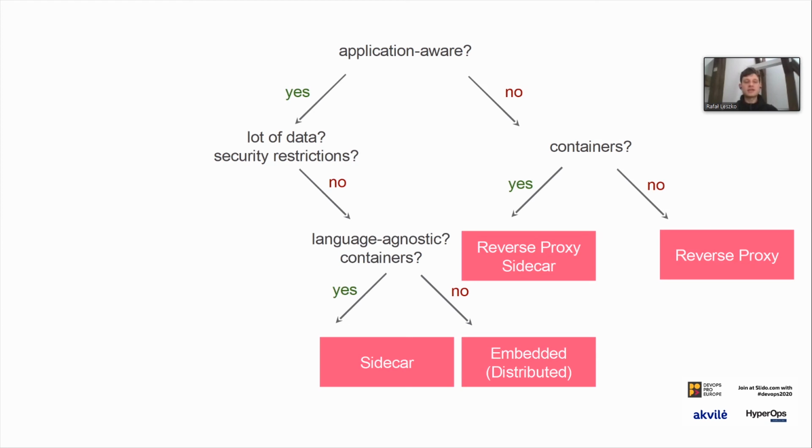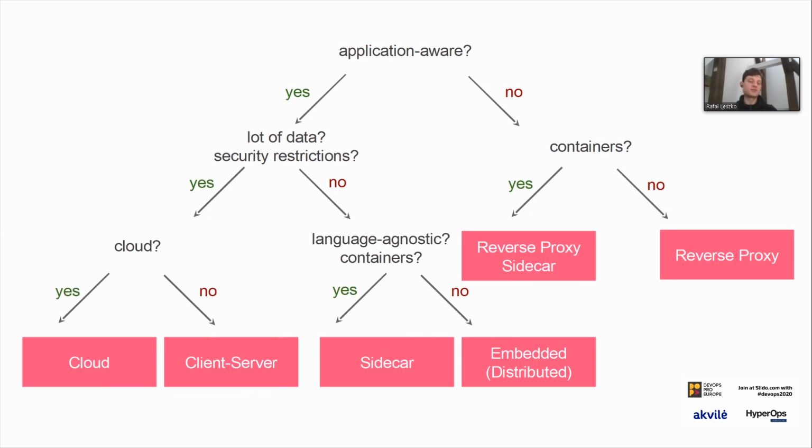Now, if I have a lot of data or some security restriction, then the last question to ask is, do I run in the cloud? If no, use client server. If yes, use cloud solution. So this is, as I said, a little oversimplified, but it's a good starting point to find yourself in these caching topologies.